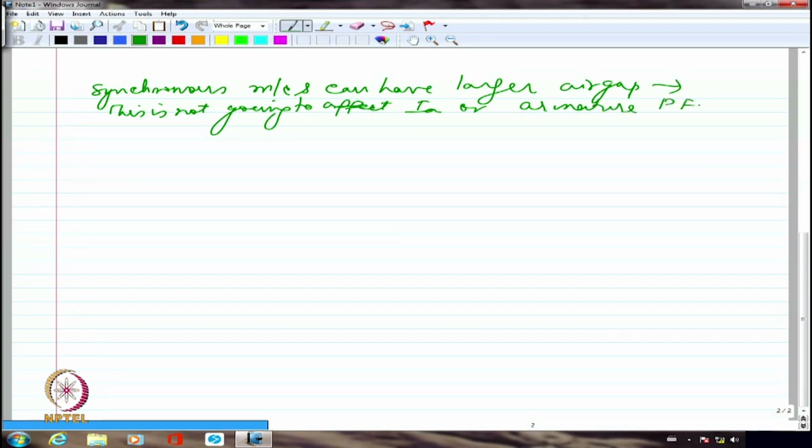Whereas it does affect the power factor in the case of an induction motor very adversely. So I can't increase the air gap in the case of an induction machine, whereas I can do that in a synchronous machine.